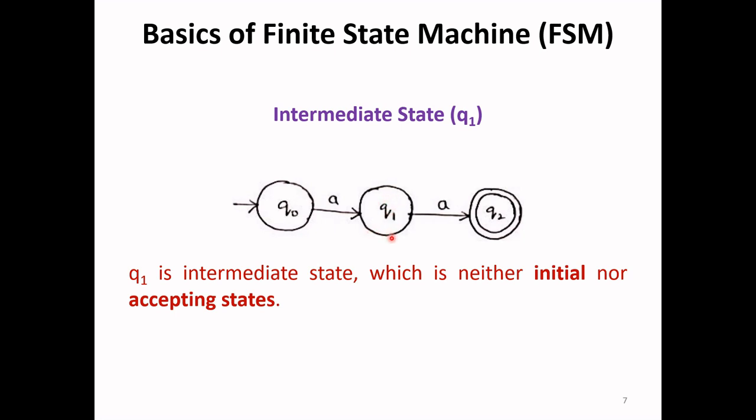Again, from Q1 for input A, it is going to Q2. So, till now we discussed how to represent initial state, start state, final state or accepting state, intermediate state, and a path from one state to another state through an input symbol represented by sigma.